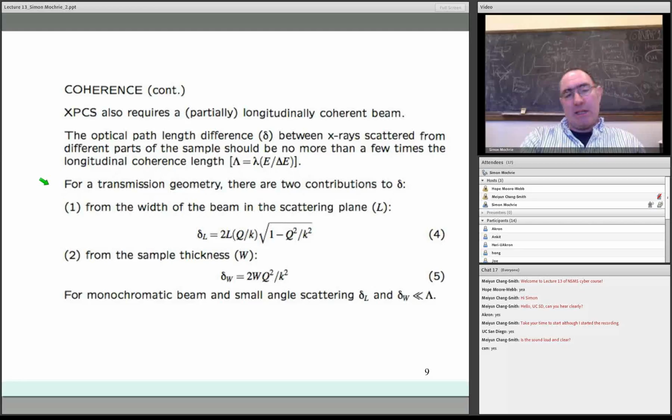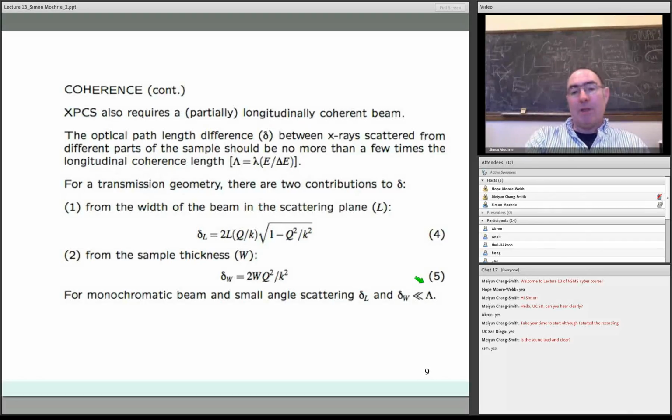Typically, in the experiments that we do, we don't have to worry about this so much, because it's always the case for a monochromatic beam, and for small angle scattering, I should say, which all of the examples I'll talk about correspond to, that these lengths, which come from the size of the sample, are always much less than the longitudinal coherence length.